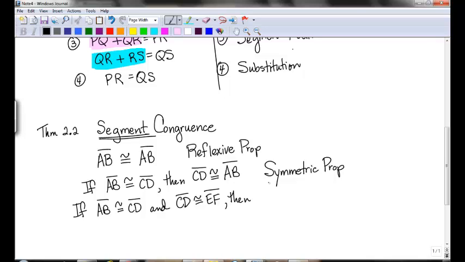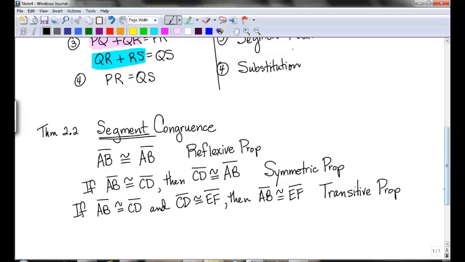AB is congruent to segment EF. So it's like this. If A equals B and B equals C, then A equals C. Okay? It's got to be in the right order, and that is transitive. What we did the other day was for real numbers. This is for segments. Okay?